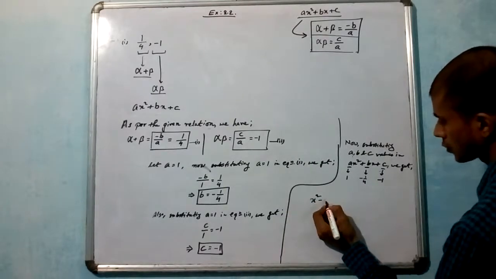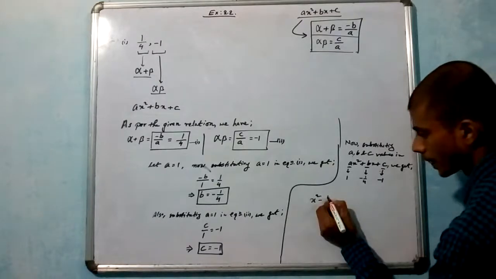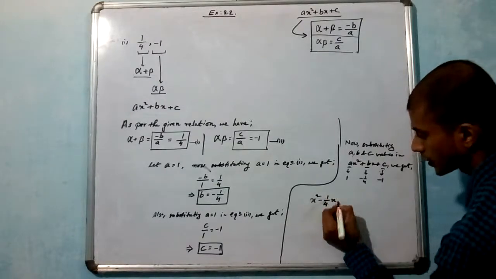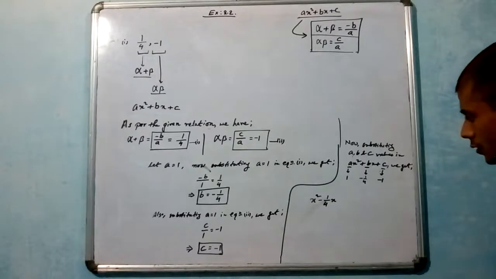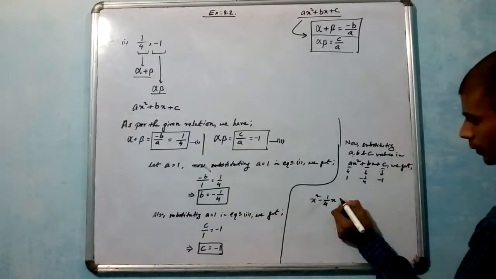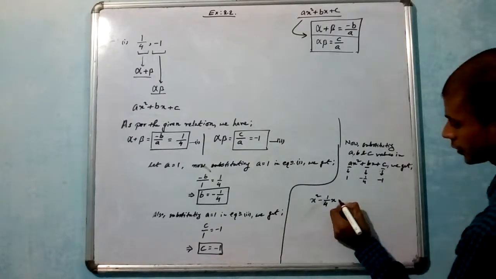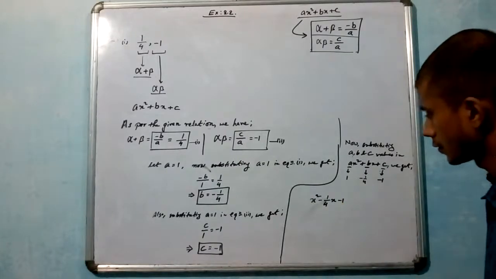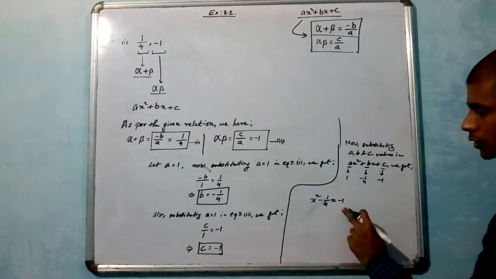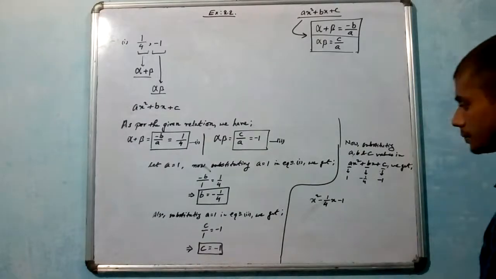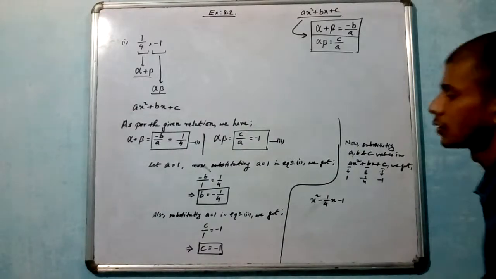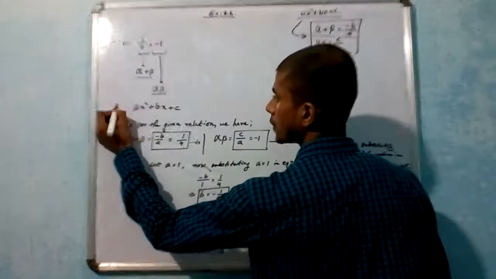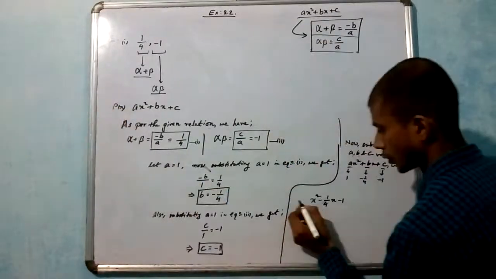So minus, what I should write? 1 by 4x. Okay, and then again plus of minus 1, that is minus 1 only. Understand? So now we got the required polynomial. We got the required polynomial px. So p of x.